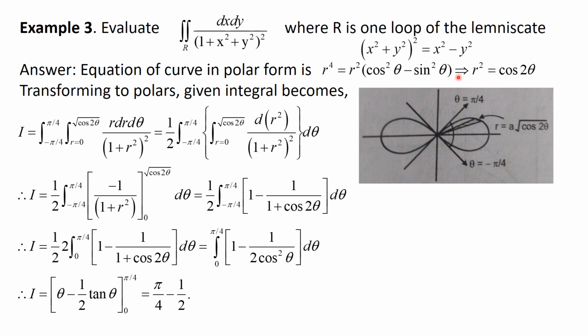This is the special curve called the lemniscate, and transforming to polar form gives the integral with r from 0 to root of cos 2θ, where θ varies from −π/4 to π/4.